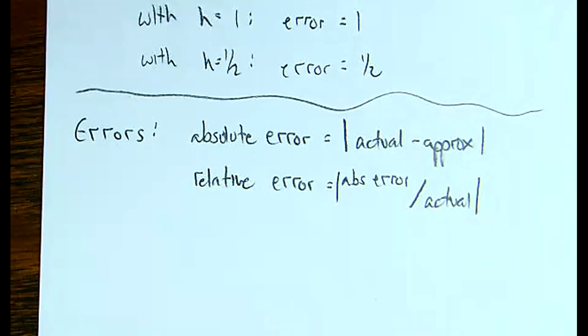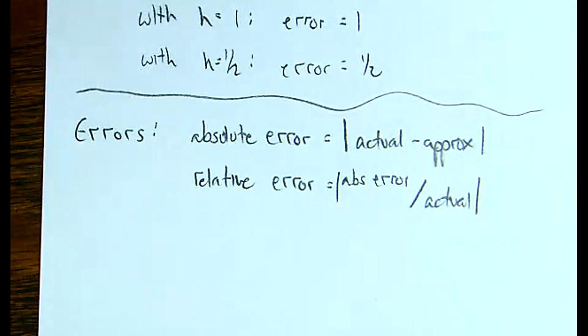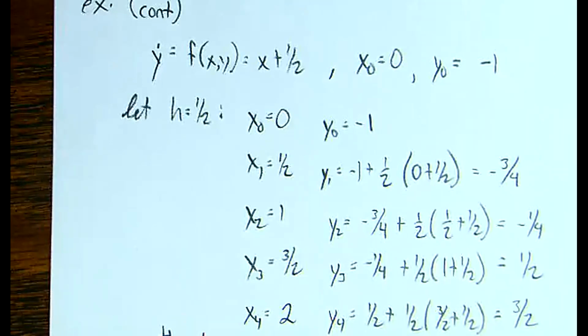Of course, this begs the question, if we know the actual value, why would we ever do an approximation? And that's a great question. On a low level, because the textbook tells us to, and because the test tells us to, but on a higher level, there's no guarantee that we're always going to know the solution to the differential equation.